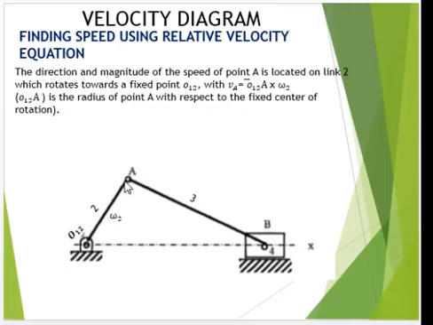So the equation is VA, the linear velocity, equals the radius O12A multiplied by the angular velocity omega 2. This angular velocity has the radius O12A at point A with respect to the fixed center of rotation.